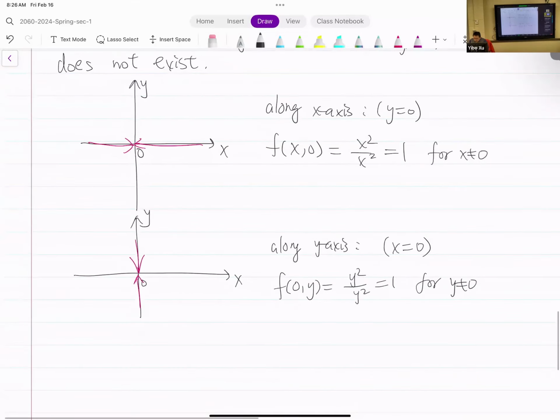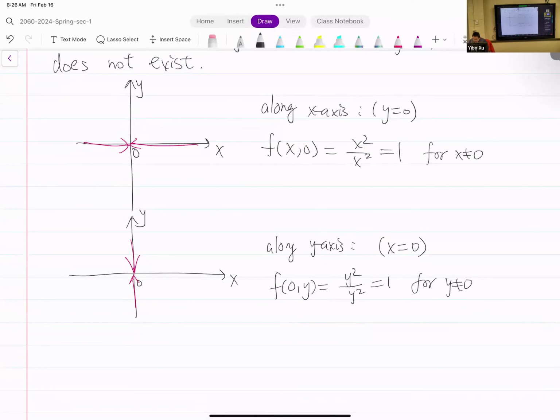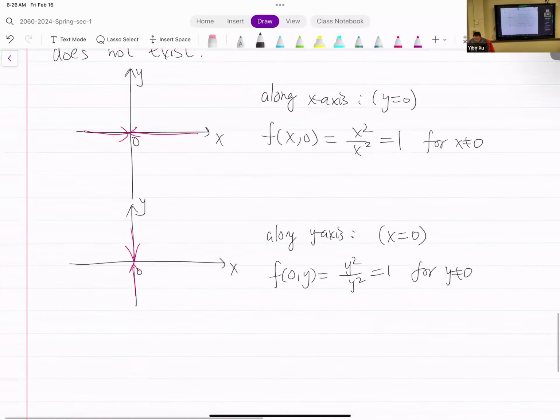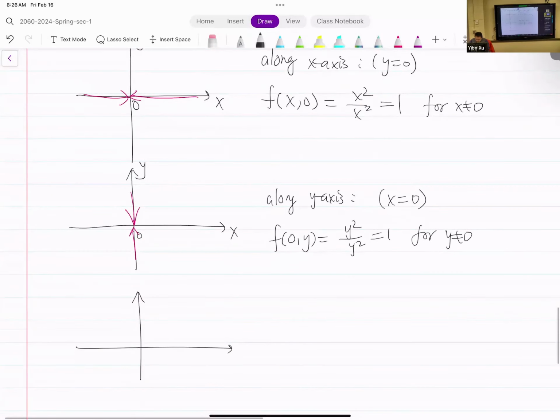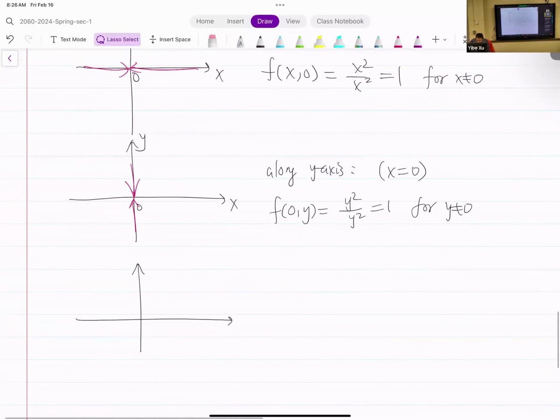Okay, so now we have 1 and 1, but this does not necessarily tell you that the limit is 1 for other directions. Because like I mentioned, if you pick a slant line, then you can definitely see that the thing is different. Yeah, I said that sentence, but I want to put it down before I draw another direction.